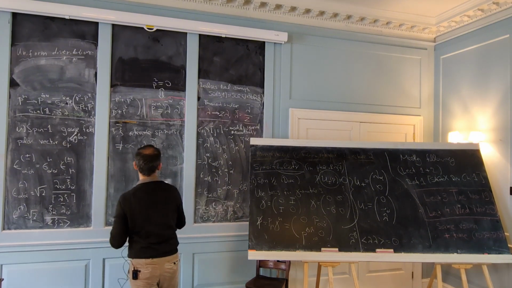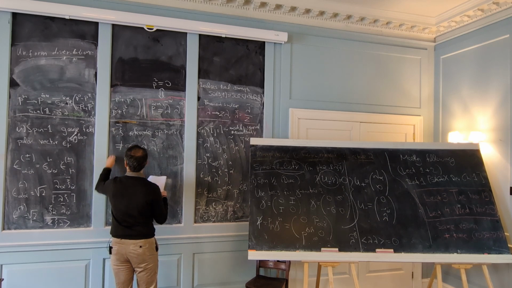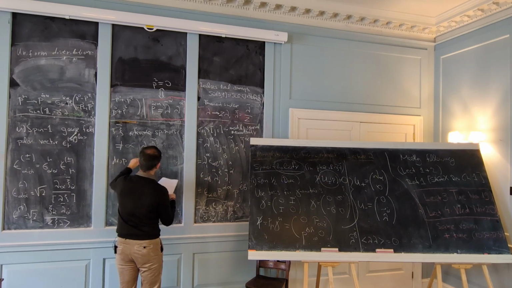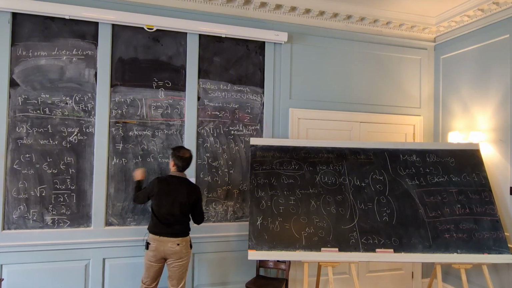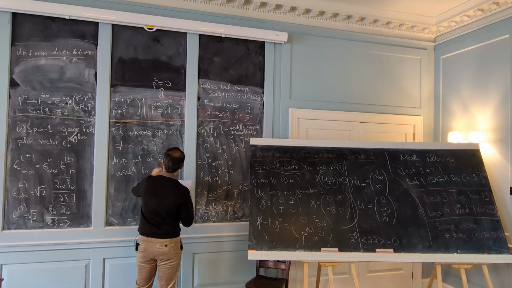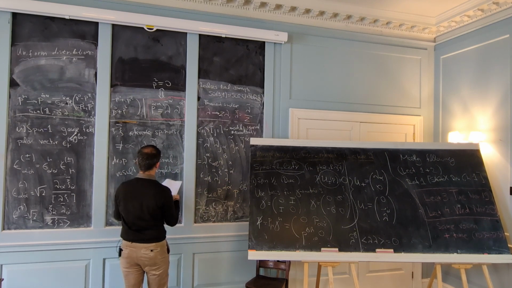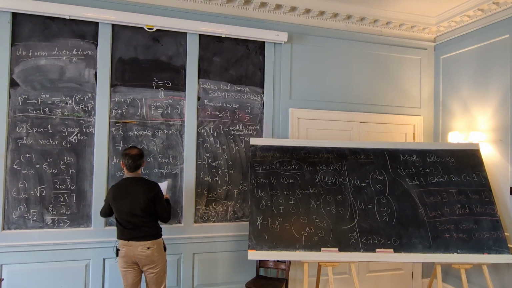So essentially, these objects drop out of the final result for the amplitude. And this is indeed gauge invariance.